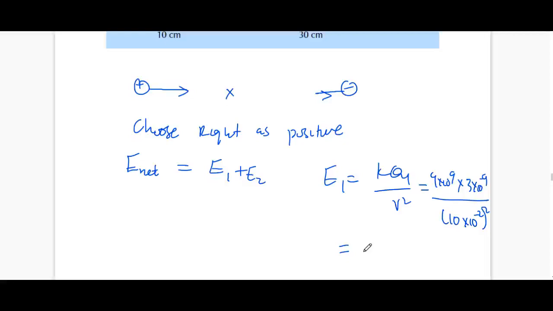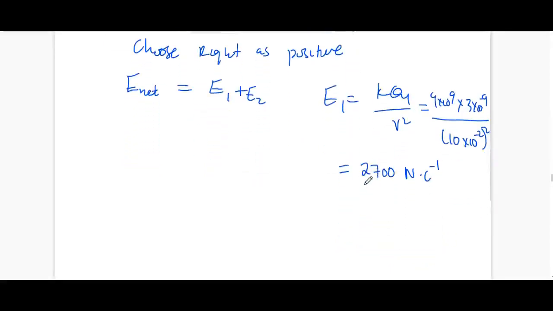I'm getting 27,000 newtons per coulomb for E1.